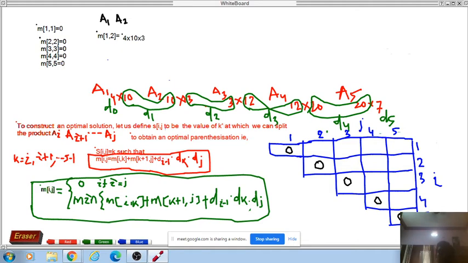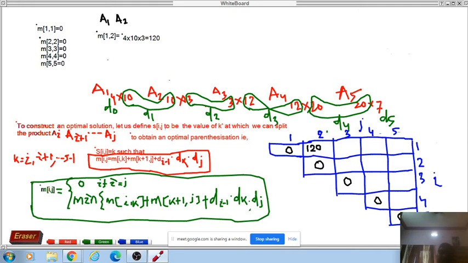I had explained earlier, 4 into 10 into 3 will be 120 multiplications. The order of the new matrix will be 4 cross 3, because it is 4, 10, 10, 3. But the number of multiplications I will perform is 120. So you just fill up this value: 120. Clear? Are you understanding now?